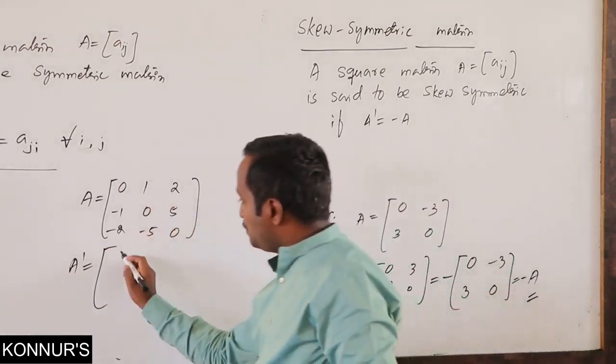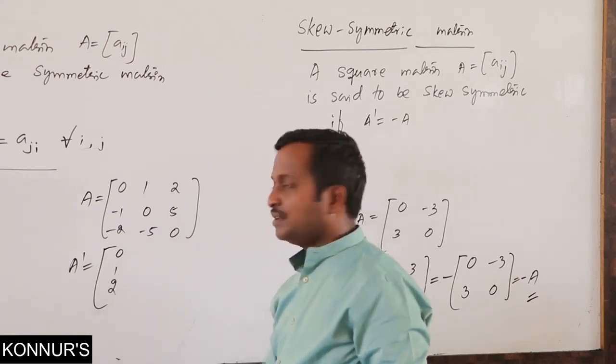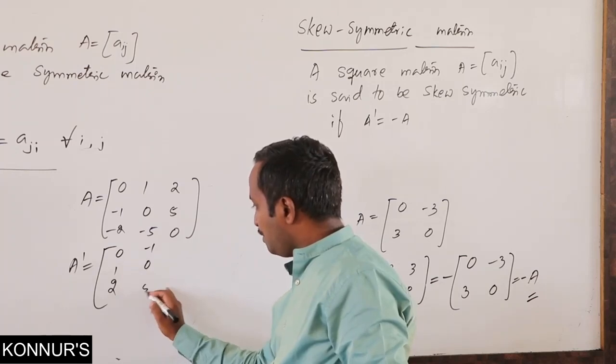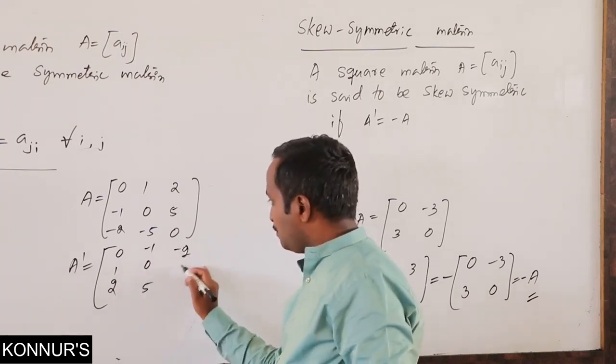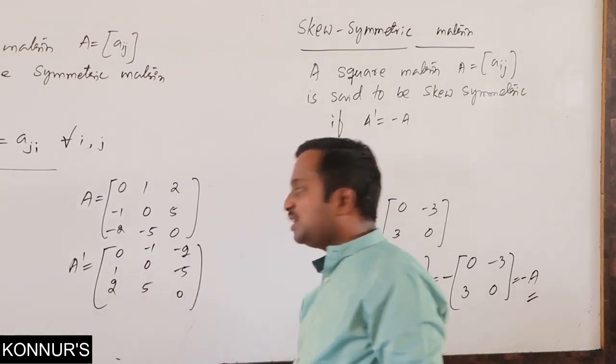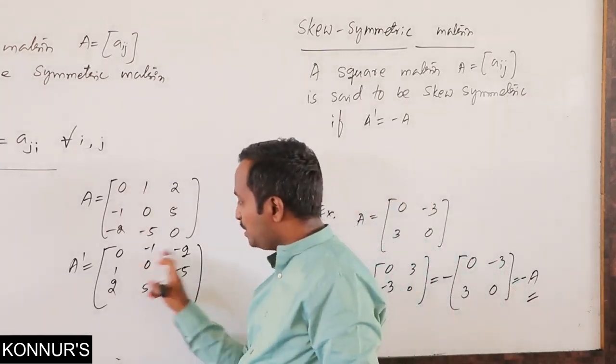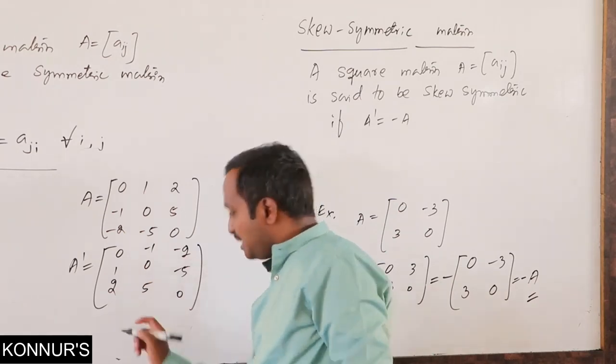A dash becomes: 0, 1, 2, minus 1, 0, 5, minus 2, minus 5, 0 interchanged into rows 0, minus 1, minus 2, 1, 0, minus 5, 2, 5, 0. Are both the same? No, both are not the same. Both are different. Take minus common.